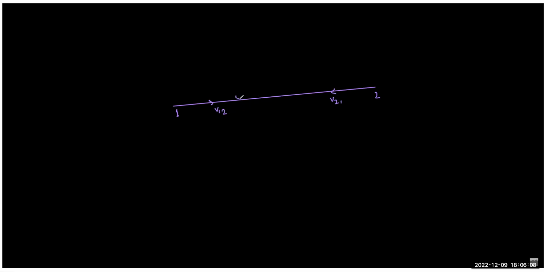And this is the position vector of two with respect to one, and this is the position vector of one with respect to two. And we got the relation that V12 vector is parallel to R21 vector, and vice versa. So you get the relation (V1 minus V2) upon its modulus equals (R2 minus R1) upon its modulus. If two vectors are parallel, then their unit vectors must be equal.